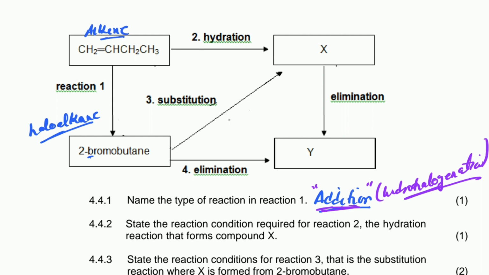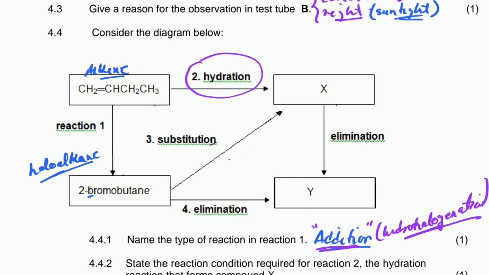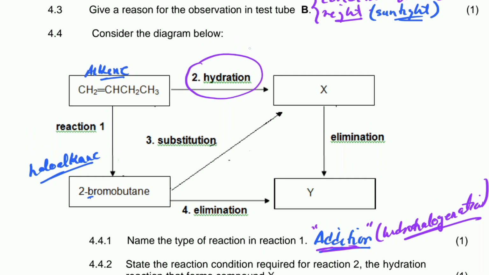State the reaction condition required for reaction 2. Now reaction 2, they are telling you is hydration. So what are the conditions for hydration to occur? And I'm going to write them right here. You need for this one to occur, first of all, a catalyst. A catalyst in this case will be H2SO4.